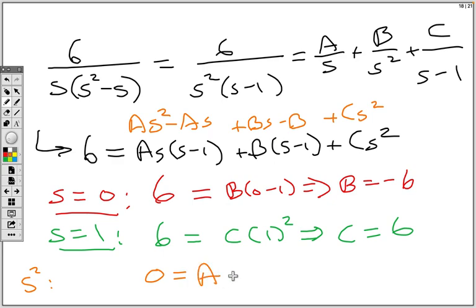On the right-hand side, you've got A plus C. So that means A is going to be the opposite of C, which is minus 6. Okay. Or you could Heaviside through B and C. It's up to you. Whatever you do is fine, as long as you write down what you're doing to get these coefficients.